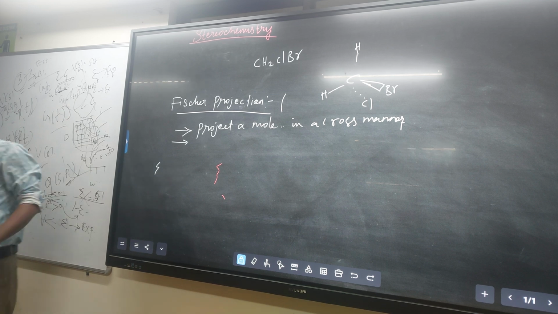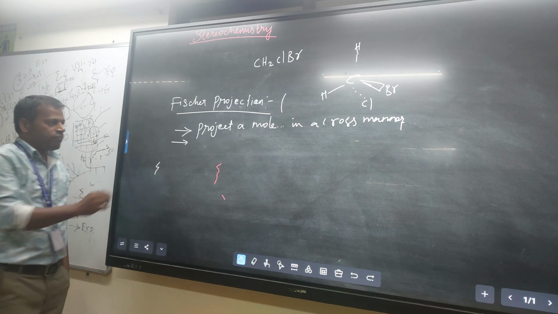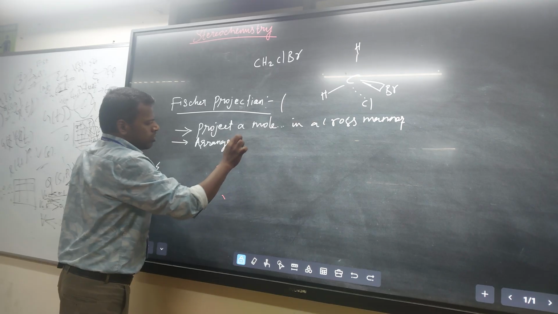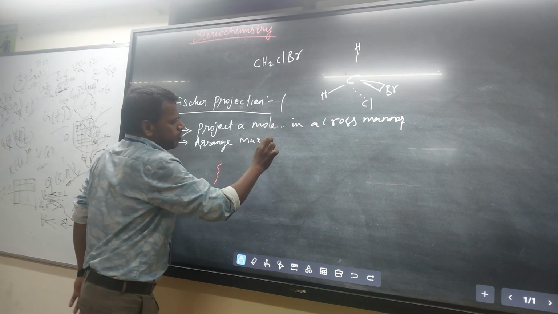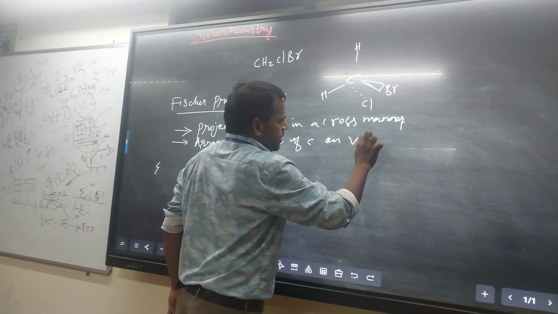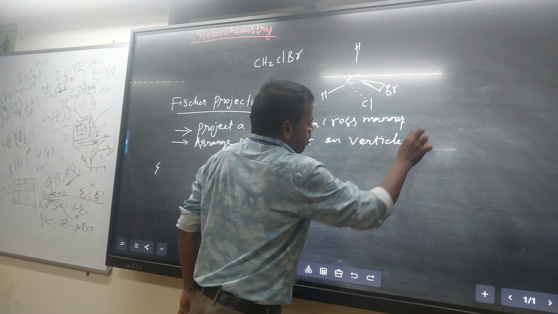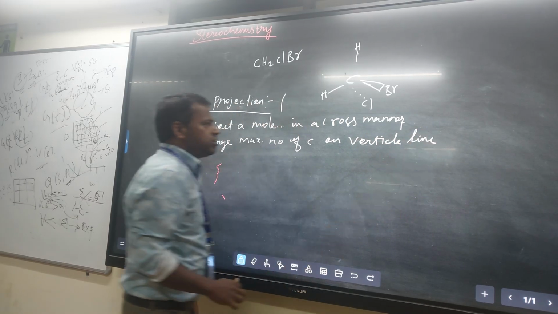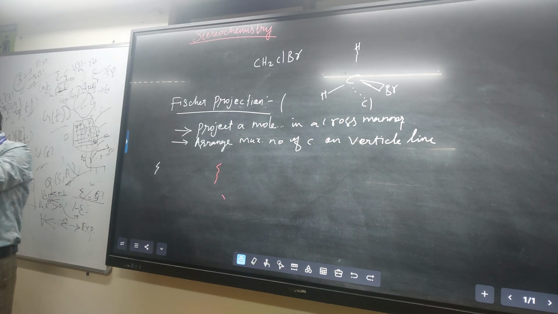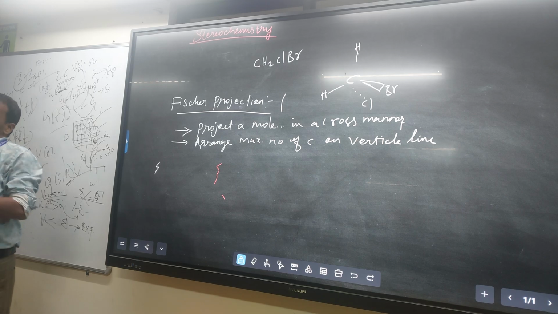And the next step: arrange the maximum number of carbons on the vertical line. Keep the highly oxidized carbon group at the top.